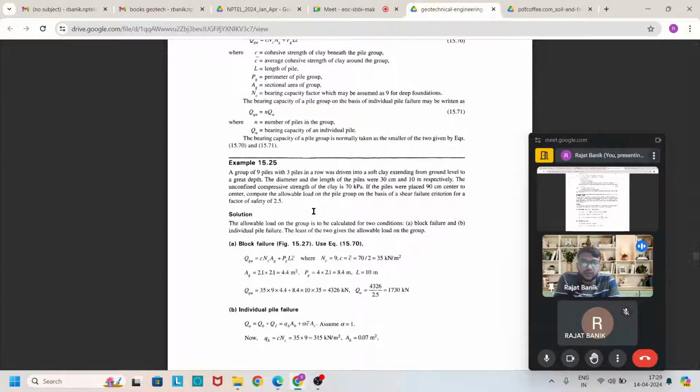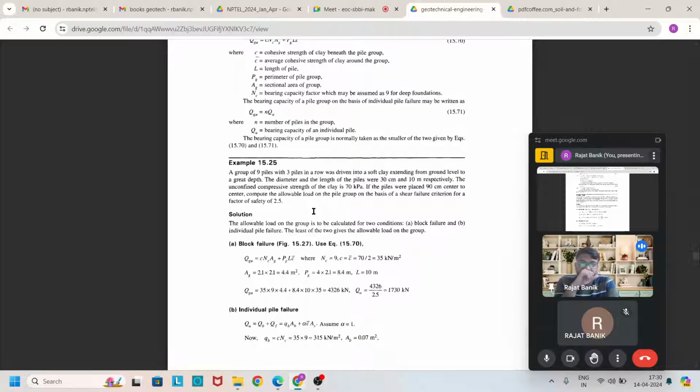We have a group of 9 piles with 3 piles in a row driven into a soft clay, extending from the ground level to a great depth. The diameter and the length of the pile are 30 centimeter and 10 meter respectively.